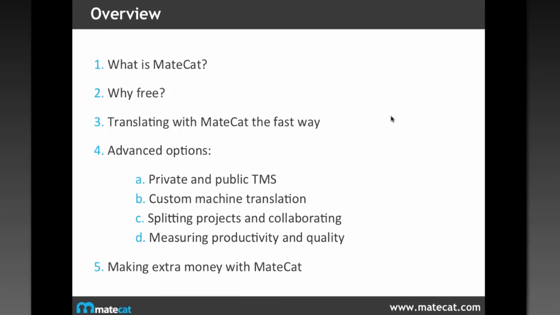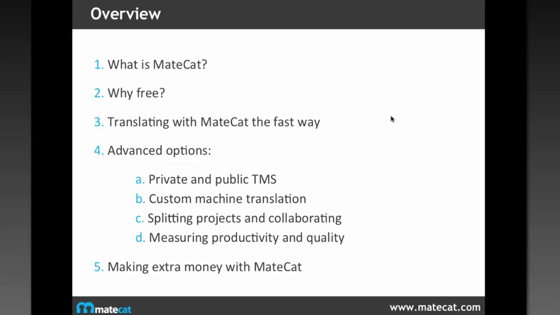So, a brief overview of the presentation today. First of all, I'm going to talk about what MateCat is. It's a rather new CAT tool, so maybe not all of you are familiar with it, so just a couple of words about it are worth spending. Why it's free? Not just because we are a bit crazy, but there's a reason behind that.